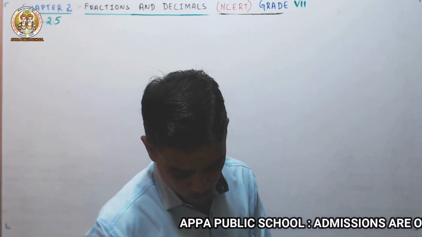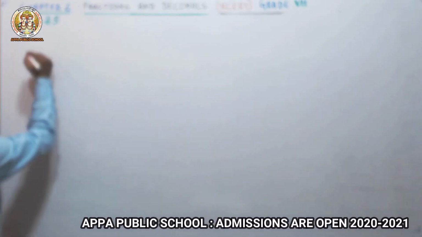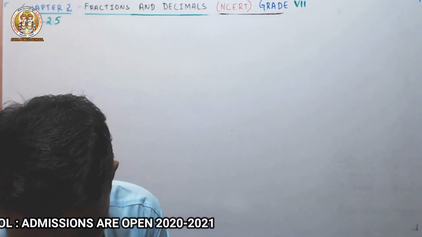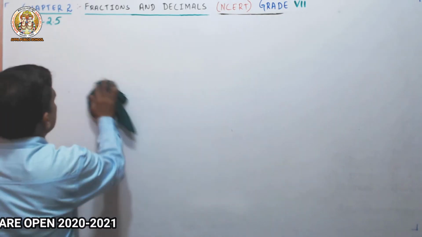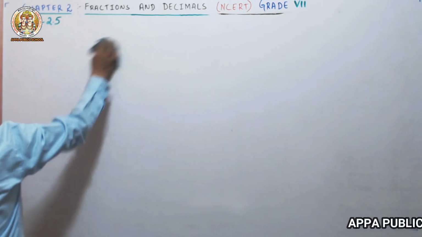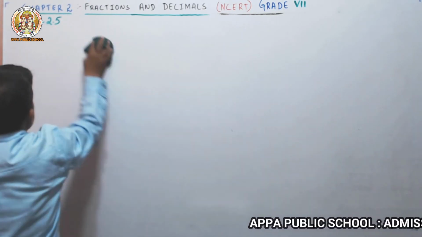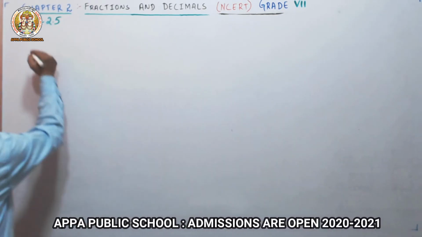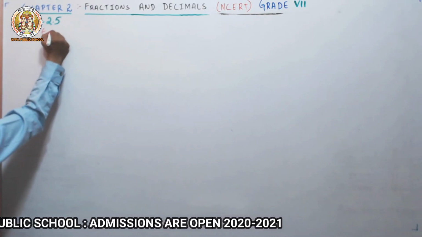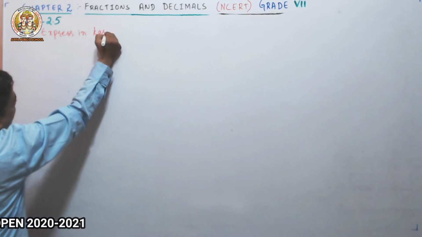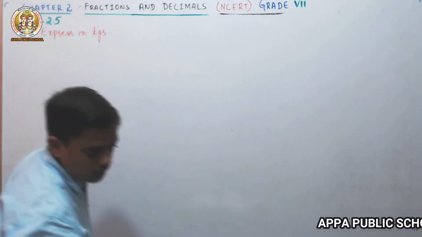That's it. I will write the question. Express in kgs. Question number 4. Under that, the first bit is 200 gram.